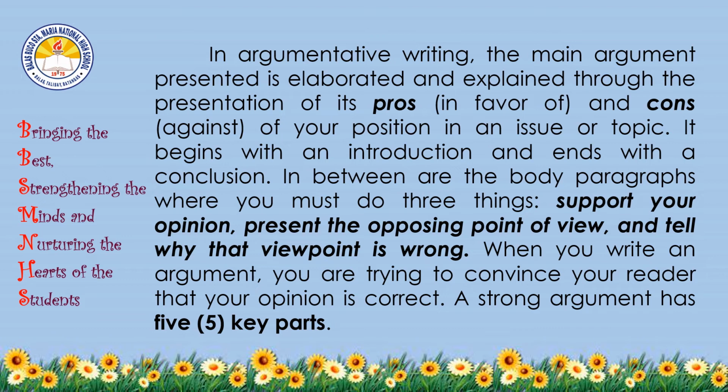In between are the body paragraphs where you must do 3 things: support your opinion, present the opposing point of view, and tell why that viewpoint is wrong. When you write an argument, you are trying to convince your reader that your opinion is correct. A strong argument has 5 key parts. And these 5 key parts are the following.